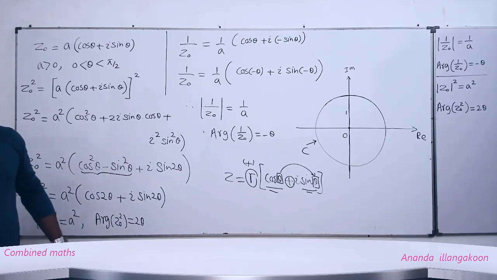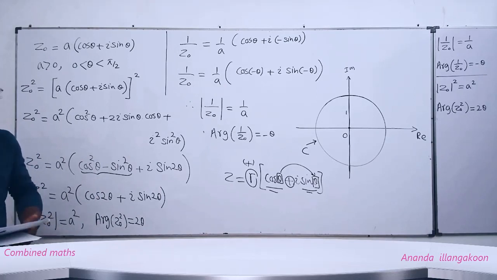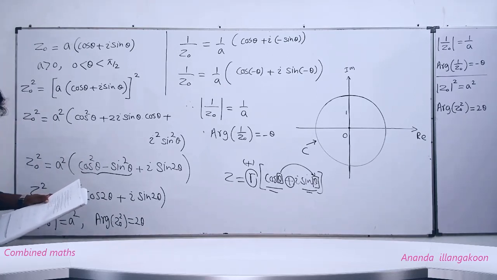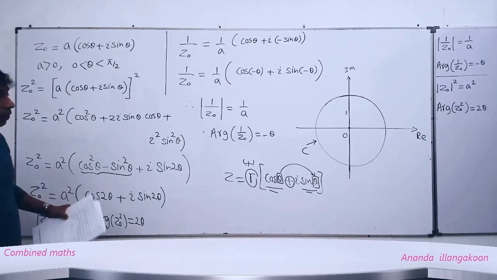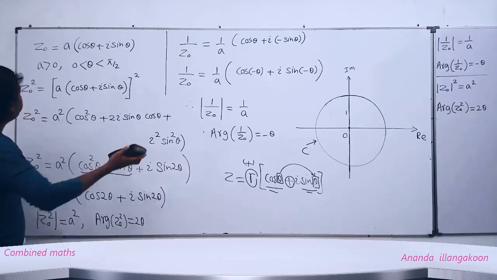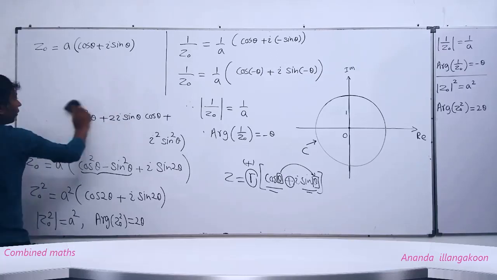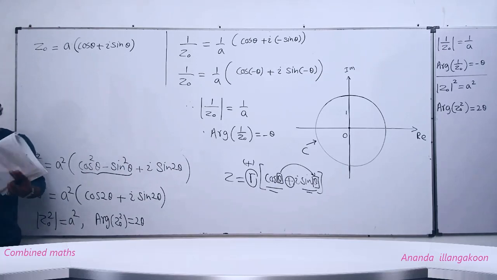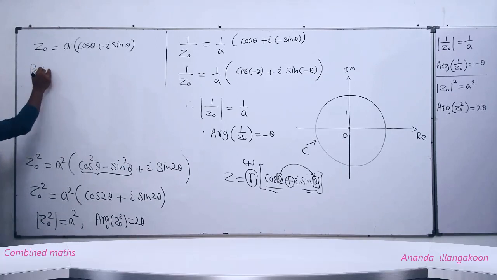Now, give another one. Let P, Q, R, and S be the points in the above Argand diagram representing the complex numbers. The point P gives the complex number Z naught.